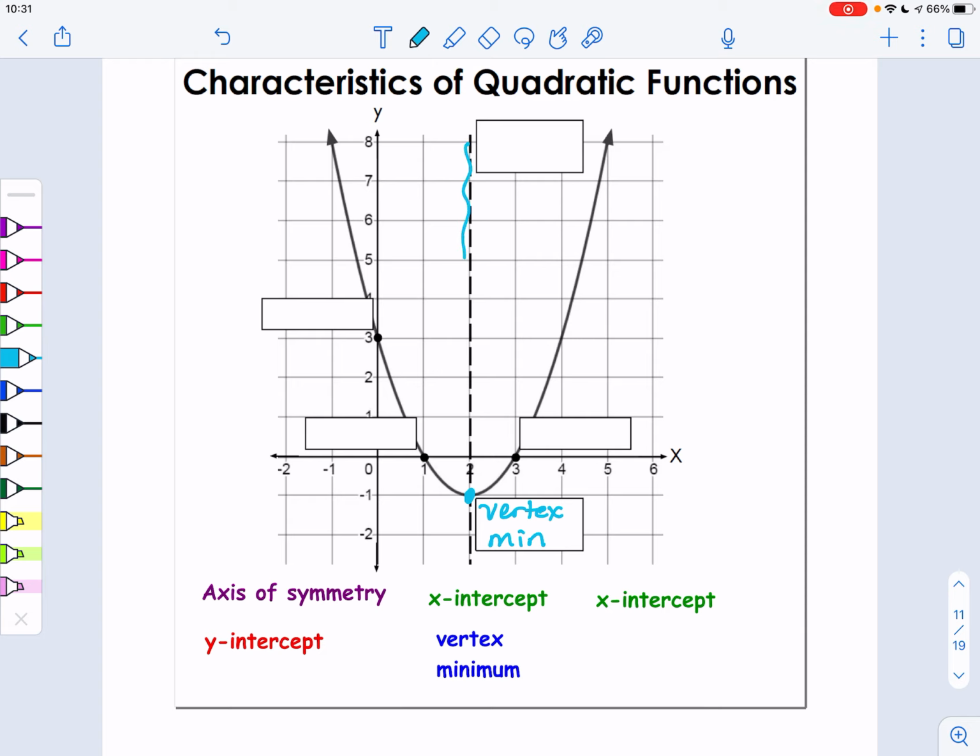The line that passes through your vertex is called your axis of symmetry. Where your graph crosses the y-axis, you have your y-intercept. And where your graph crosses your x-axis, you have your x-intercept.